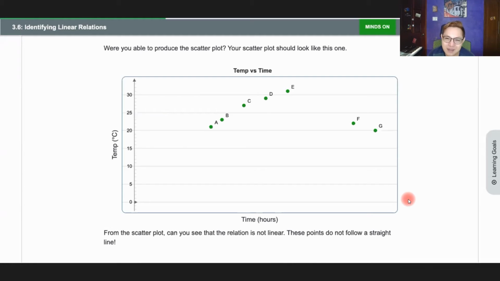But in this case, 5 going up and 2 going down is quite significant, so you cannot say that it's linear. So this is more of a non-linear relation.